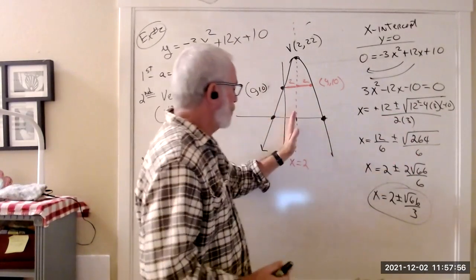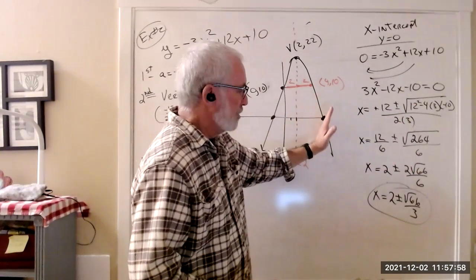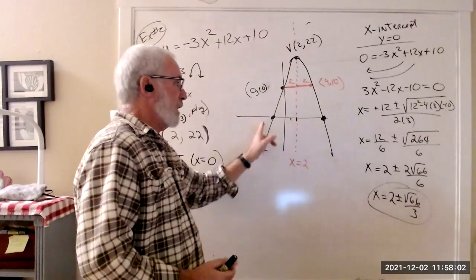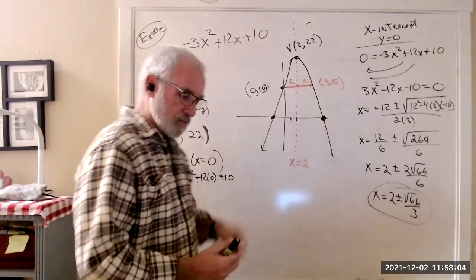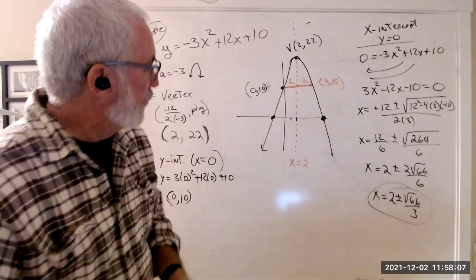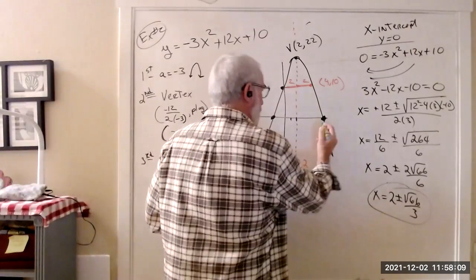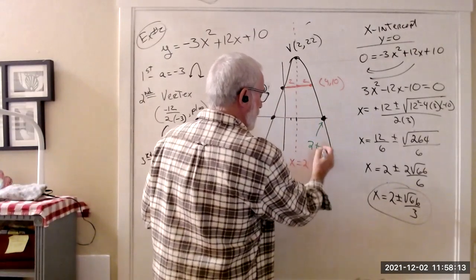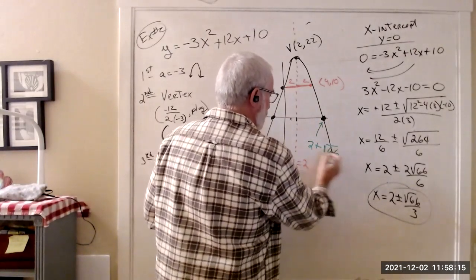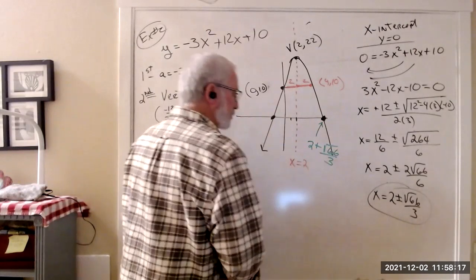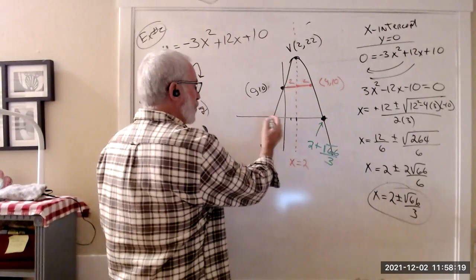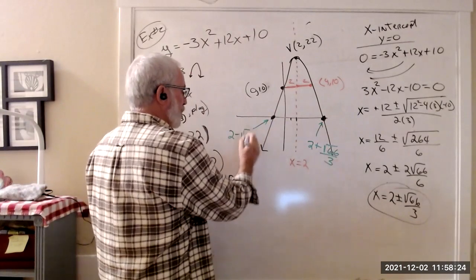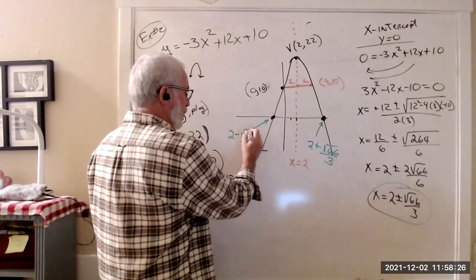This is 2 plus something, and this one over here is 2 minus something. So for our notes or for our answers, this point is 2 plus radical 66 over 3, and this will be 2 minus radical 66 over 3.